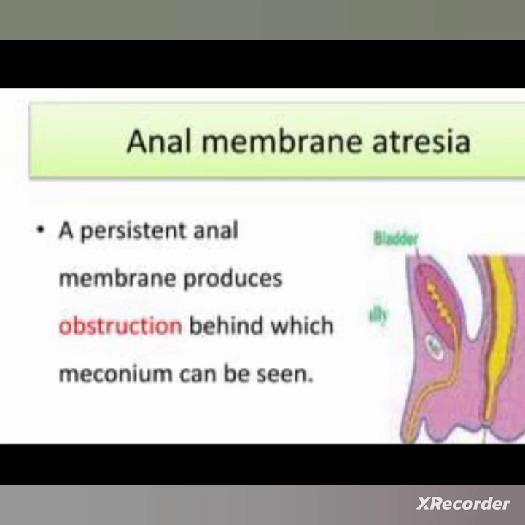This membrane acts as an obstruction to the communication between rectum and anus. When we remove this obstruction, the anus and rectum will be connected. So in anal membrane atresia, a persistent anal membrane produces obstruction.